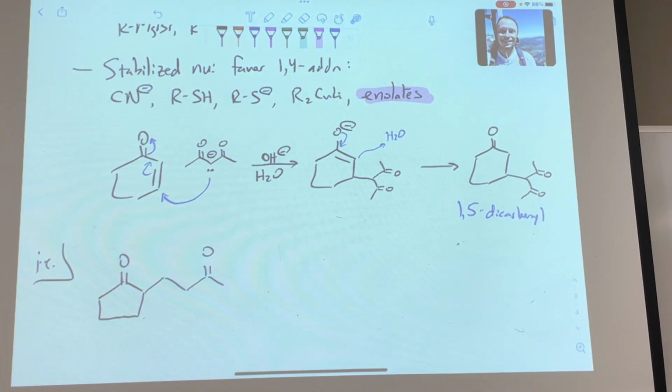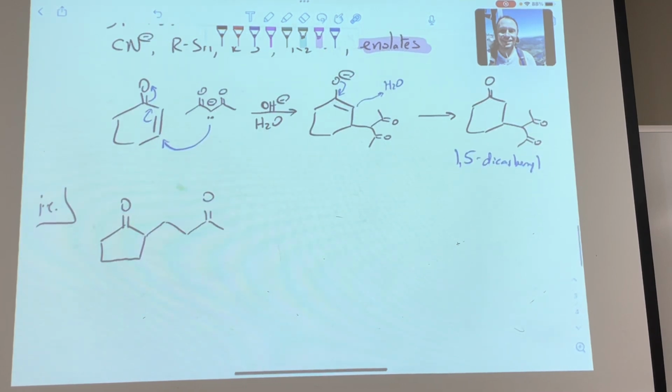Number two, if I'm looking for a Michael donor in this, I'm going to look for that beta-dicarbonyl system. Well, there it is. So that's easy enough. That has to be my Michael donor, and then the other piece has to be the Michael acceptor.